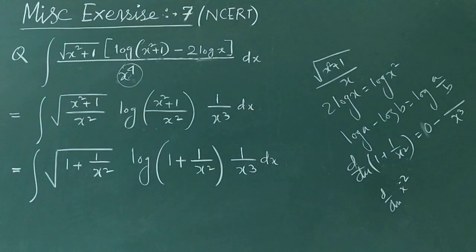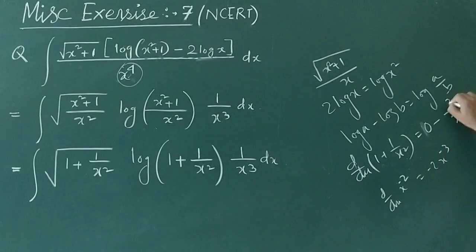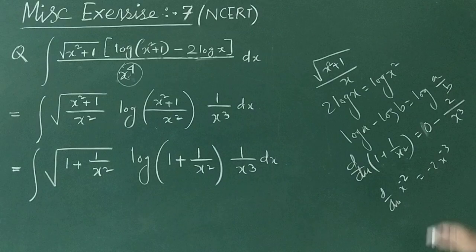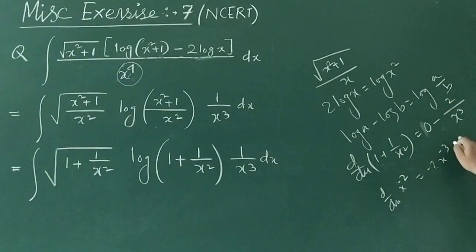In differentiation the power increases, while in integration the power reduces. So d/dx of x to the power minus 2 is minus 2 into x to the power minus 2 minus 1, which is minus 3, so minus 2 by x cube. Finally d/dx of 1 by x square is minus 2 by x cube.